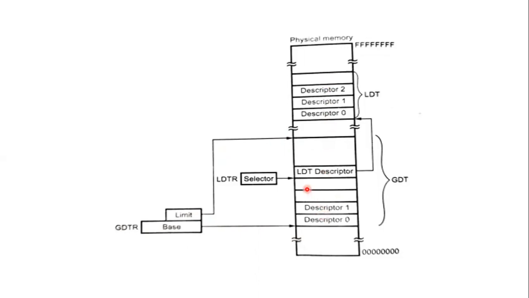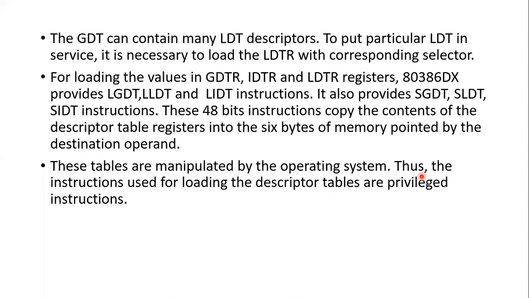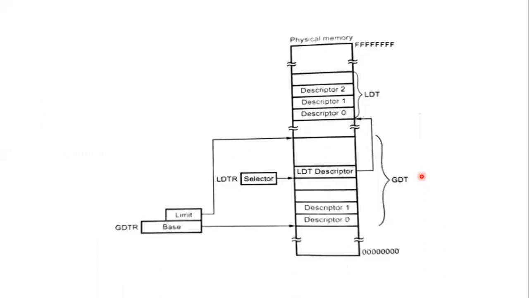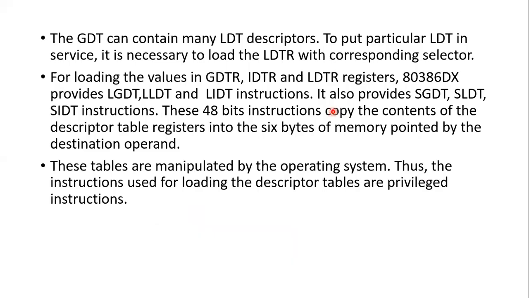So we can say that LDTs, local descriptor tables, by default reside in the GDT, that is, the global descriptor table. The GDT can contain many LDTs. This is what we saw over here. So to put a particular LDT into service, it is necessary to load the LDTR with the corresponding selector.